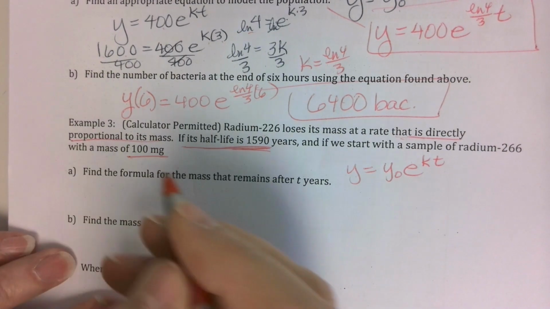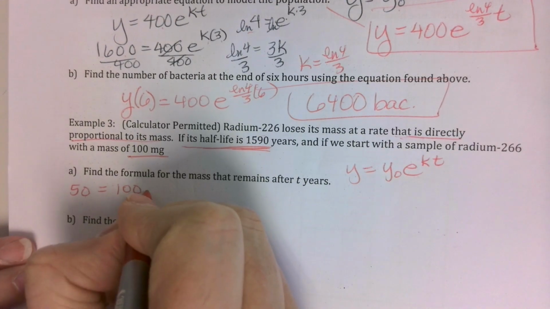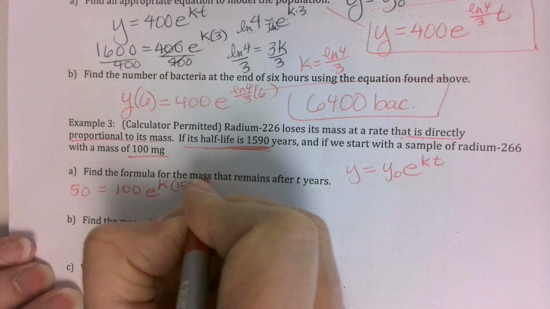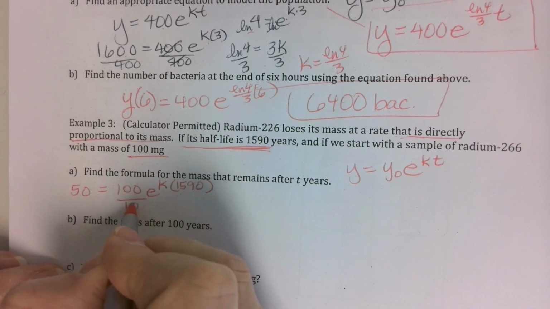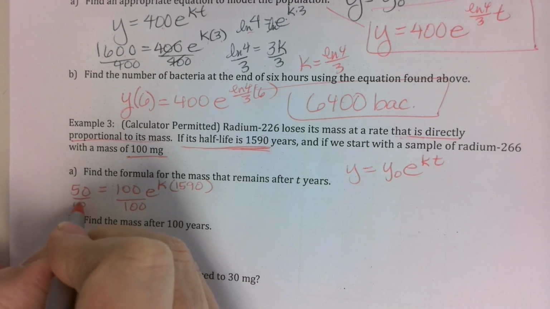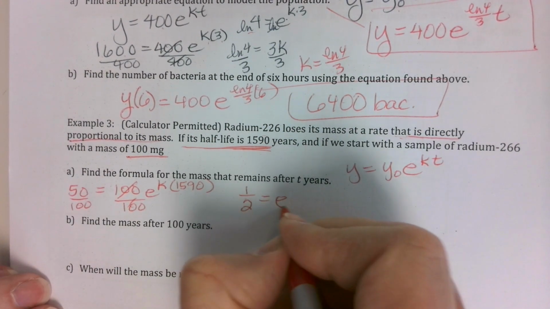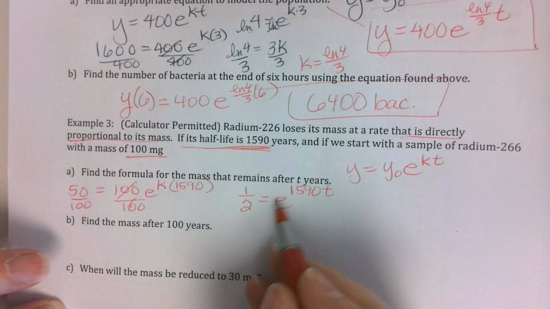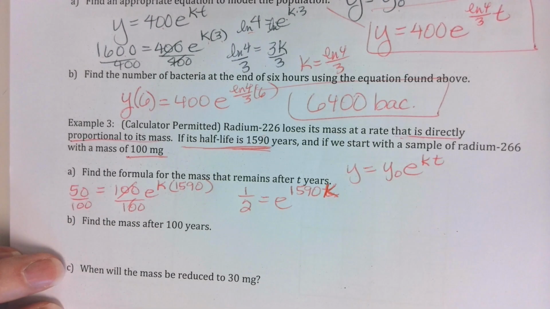If we're starting out with 100, that means we would end with 50. 50 equals 100 e to the k times 1590. Now, I'll tell you, if I'm figuring it out, a lot of times I don't even write 50. I just go ahead and write a half, because 50 divided by 100 will always be a half, right? And so then to find the k, what do we do?